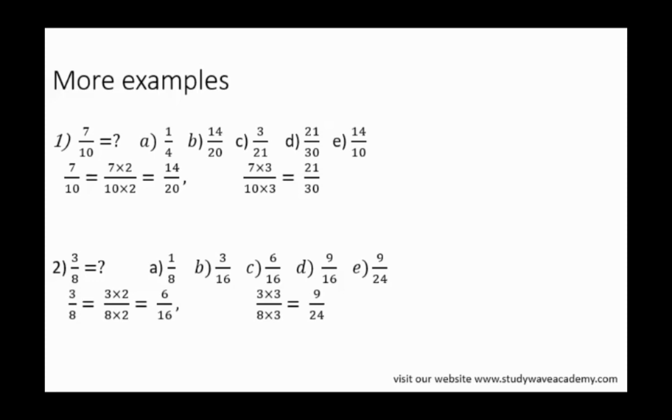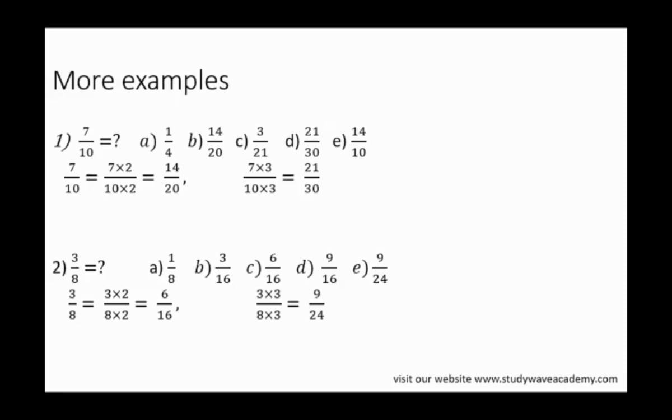Let's check if our answer is there. A, 1 over 4. No. B, 14 over 20. We have gotten that answer before. C, 3 over 21. No, our answer was 21 over 30, right? So C is not our answer. Then D, 21 over 30. Wow, that is our answer, right?